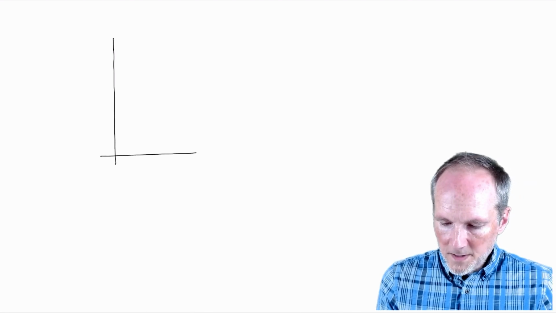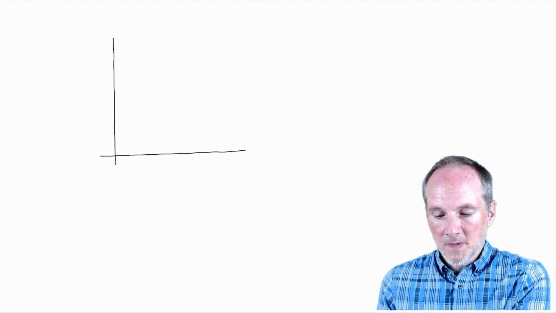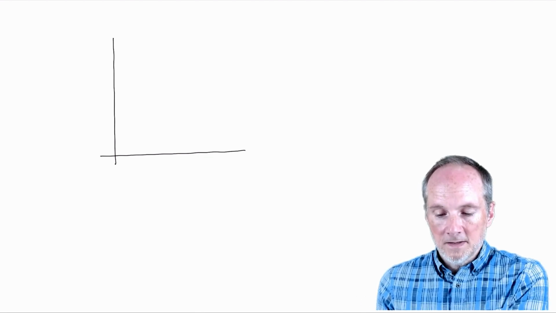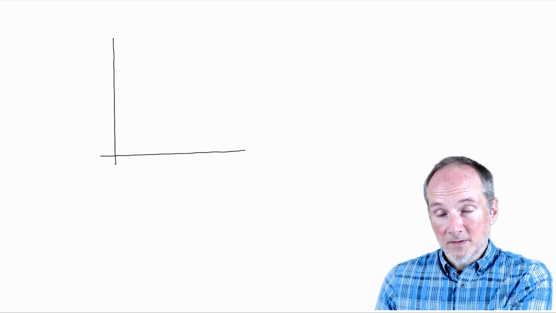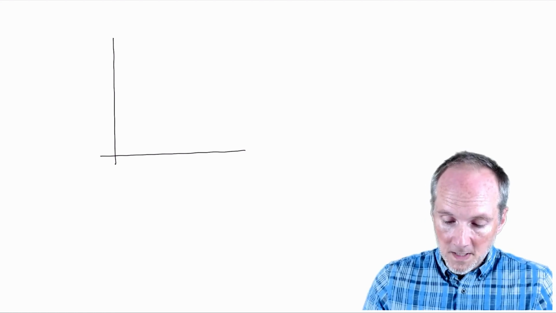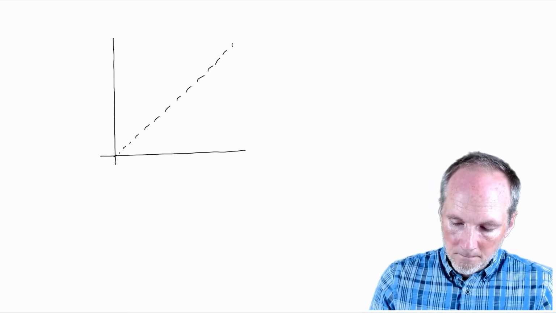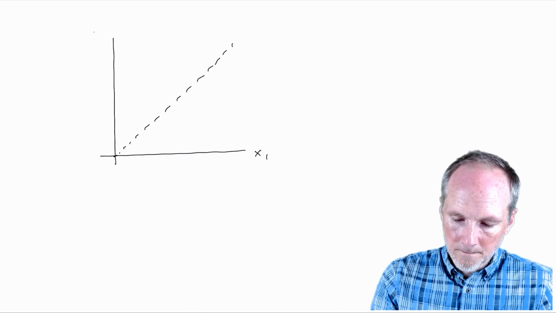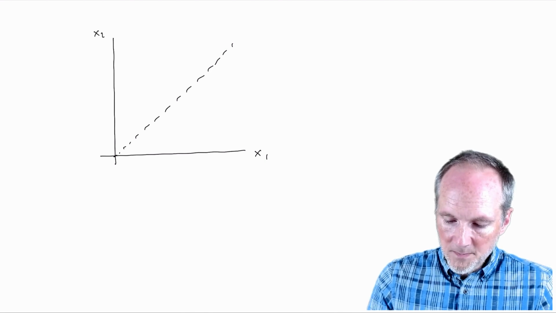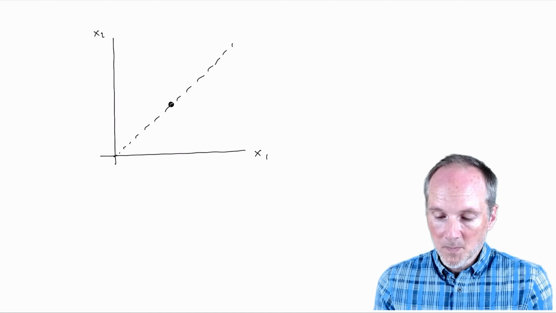So in equilibrium, we know they're both choosing this optimal level, and we've argued that the equilibrium is symmetric, so this optimum choice for them is the same. So it's going to lie on the 45-degree line. Let's suppose it's this right here, somewhere on there.